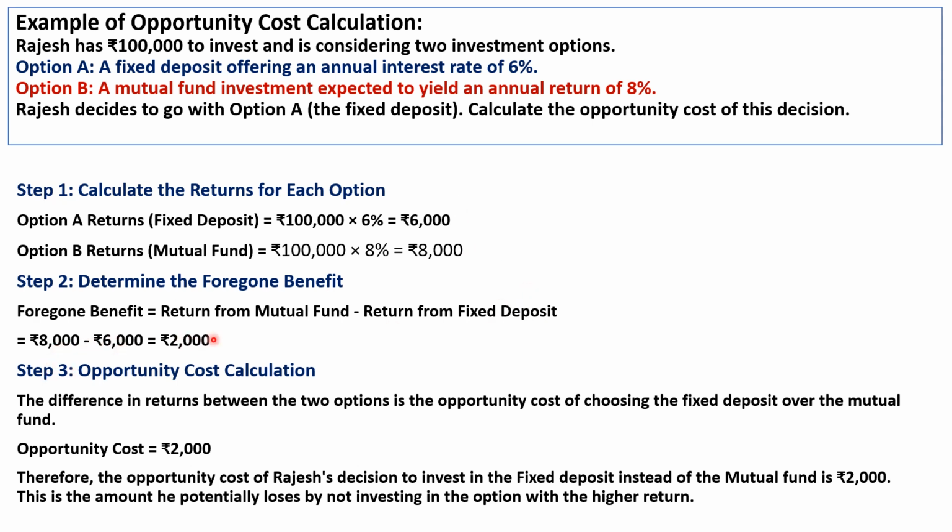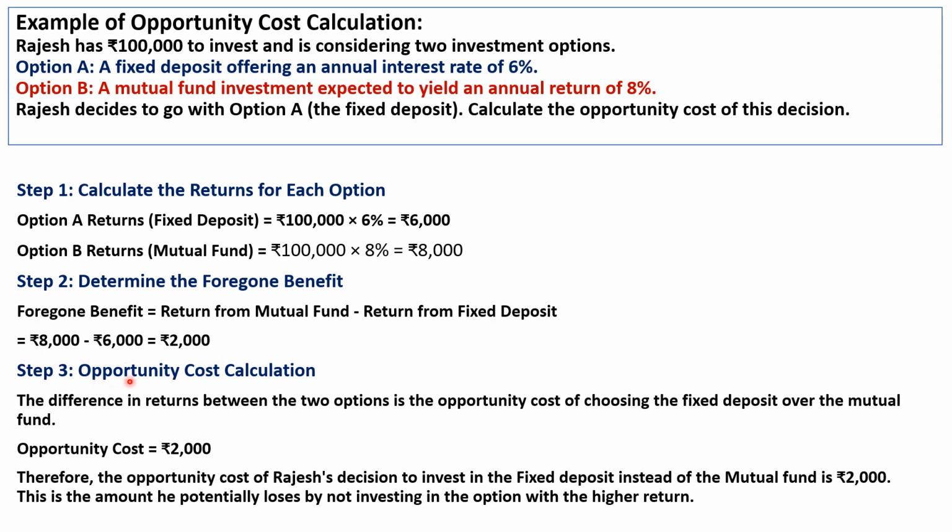So 2,000 is the foregone benefit because he invested in fixed deposit scheme and got only 6,000, whereas he lost the opportunity of investing in mutual fund and that offered a return of 8,000. Therefore the foregone benefit equals return from mutual fund minus return from fixed deposit. 8,000 minus 6,000, you get 2,000.